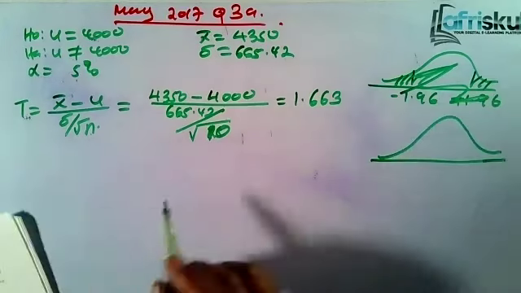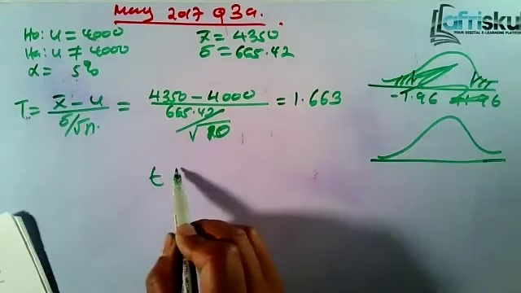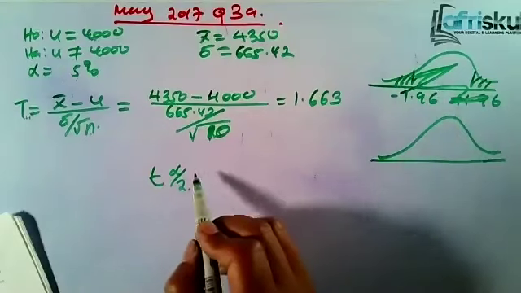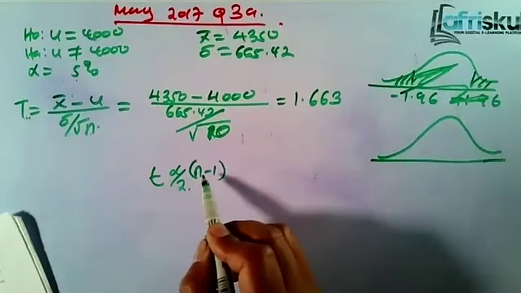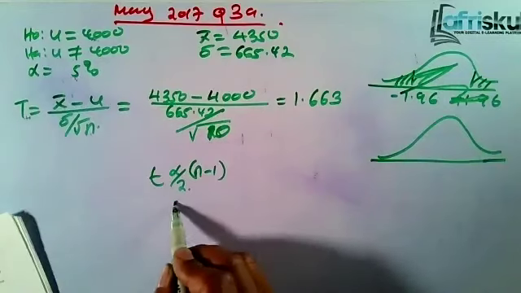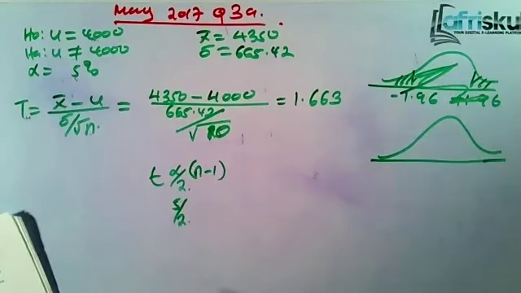Now for the t-test, this is how you get t. It's alpha over 2 when you are using a two-tail test, then n minus 1. Our alpha was 5%, so it will be 5 divided by 2, which is 2.5.